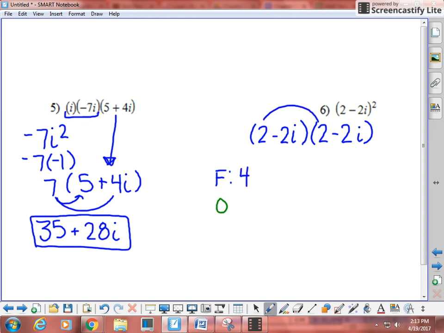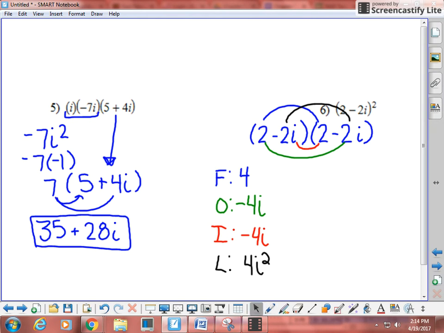Then I'm going to go outer, which takes it all the way to the outside. So I've distributed that 2 to both of them now. That will give me negative 4i. Inner is taking this to both. So that gives me a negative 4i. And then my last is multiplying those two together, and that's going to give me a positive 4i squared.